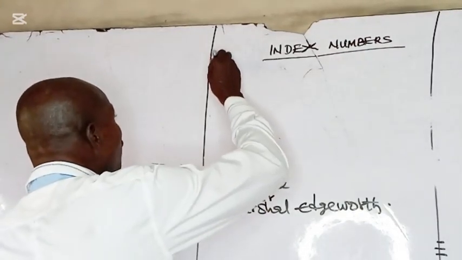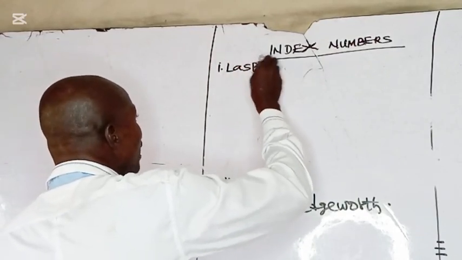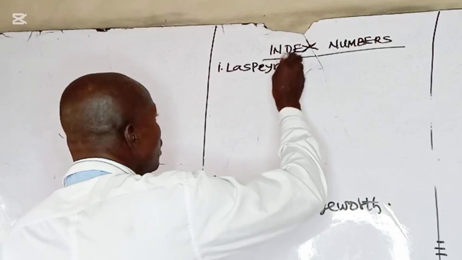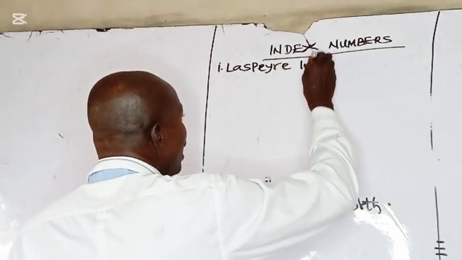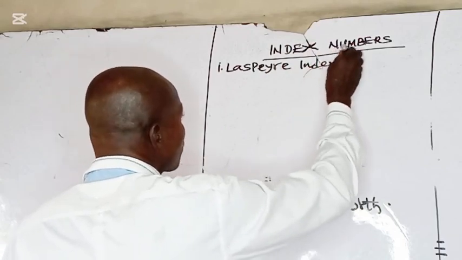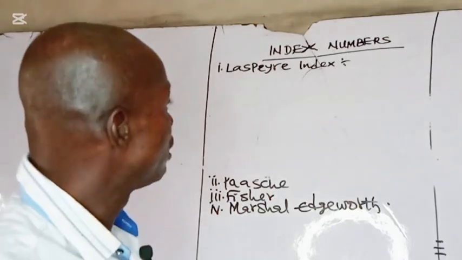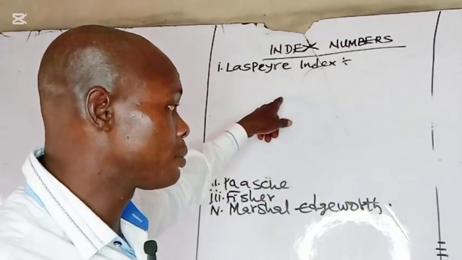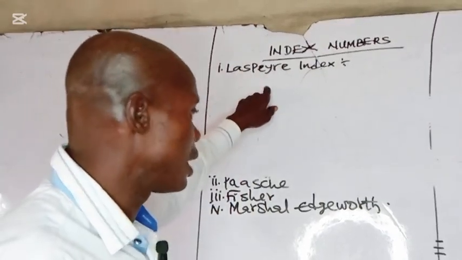Number one, we have Laspeyres index or Laspeyres aggregative index. This Laspeyres method was invented in 1864 by Laspeyres.